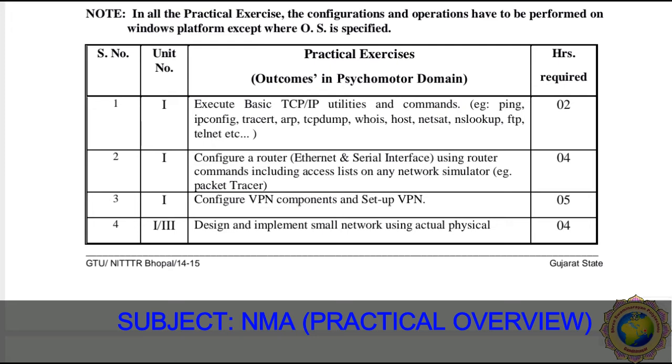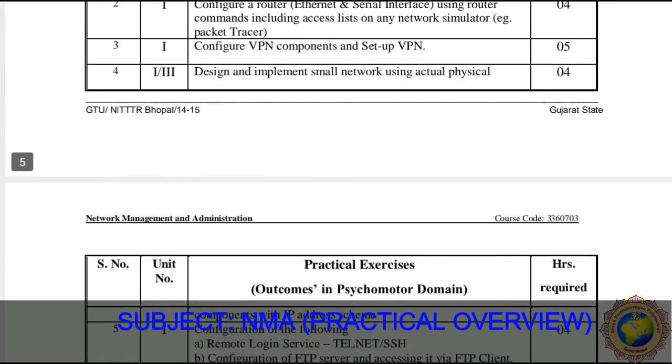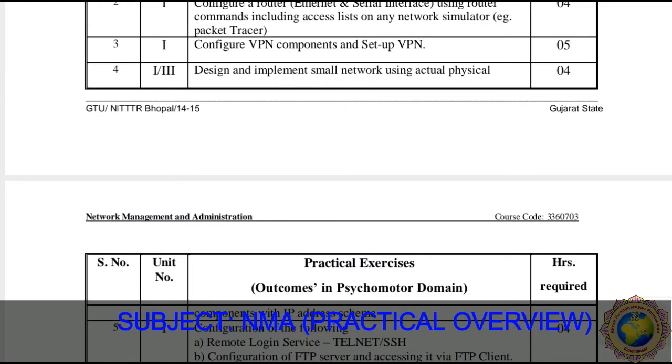Practical number 4 is to design and implement a small network using actual physical components. Here we design and implement a small network using components with an IP address scheme. One best example is our college system. Whenever we use a PC on the network, different PCs have various IP addresses.